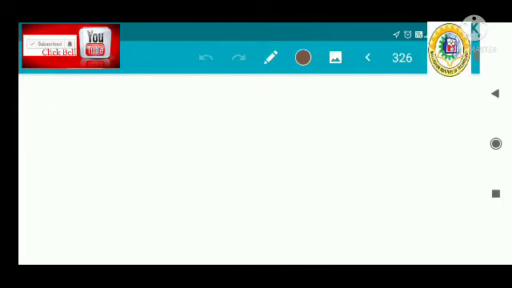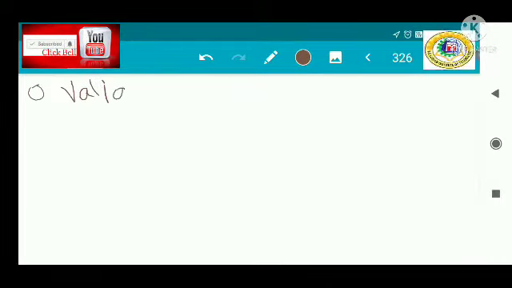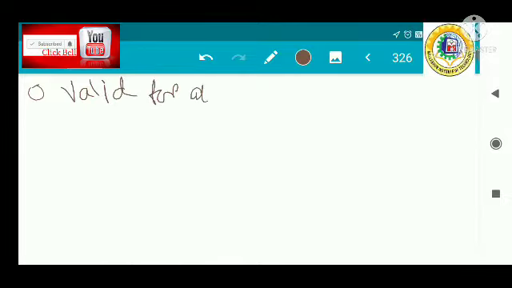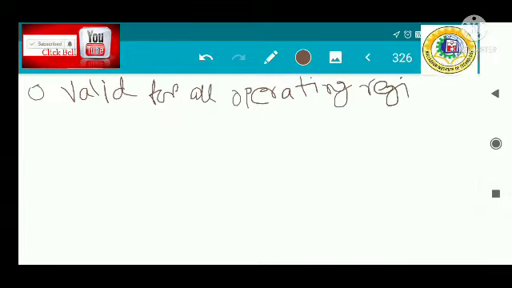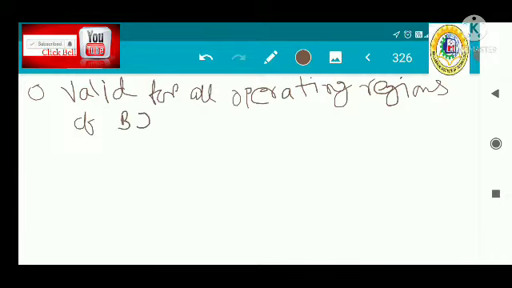Now the most important point of the Ebers-Moll model is that it is valid for all operating regions of the BJT. This question comes often.